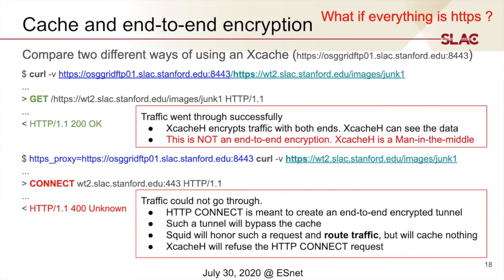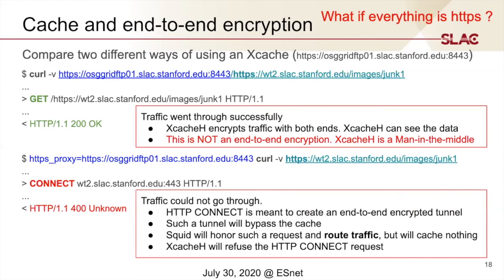So with such a tunnel, essentially the tunnel bypasses the cache. It routes the traffic and bypasses the cache. So Xroot will honor such a request and will route the traffic through. But because it is encrypted, Xroot will not cache it because there is no value to cache. It's a stream of garbage.